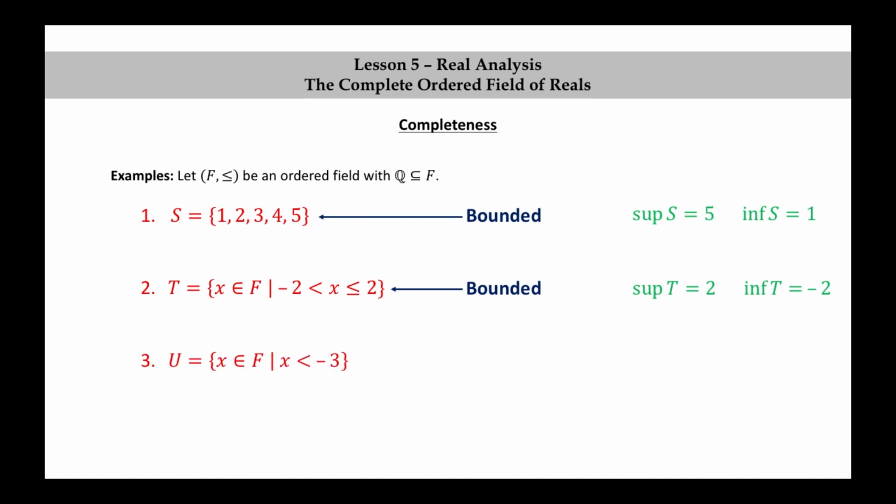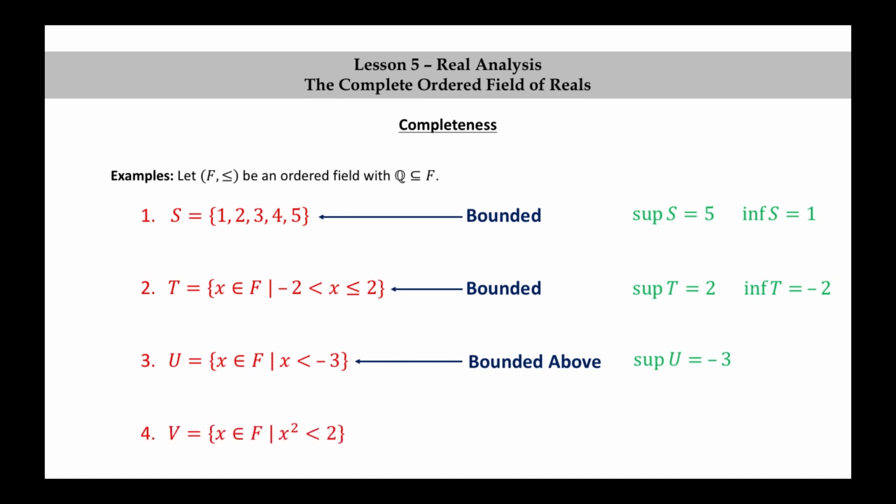How about this set? U equals the set of x in F such that x < -3. This set is bounded above, but it's not bounded below, and therefore it's unbounded. The supremum of this set is -3, and it has no infimum because it's not bounded below.